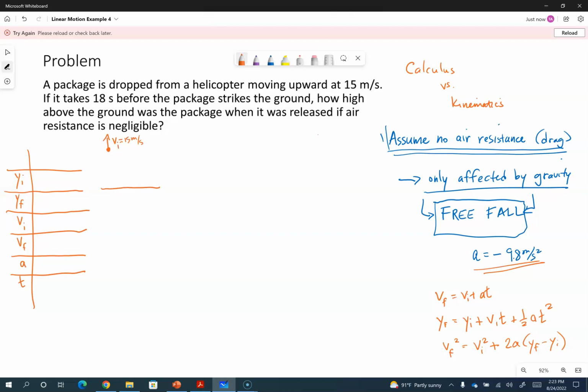The package is still going to have that velocity even when the person lets go, because the package was moving with the helicopter. So this rough sketch I'm drawing represents that this package is moving upwards at 15 meters per second the moment the person lets go. That means the package is going to go up farther and then turn around and head back down.